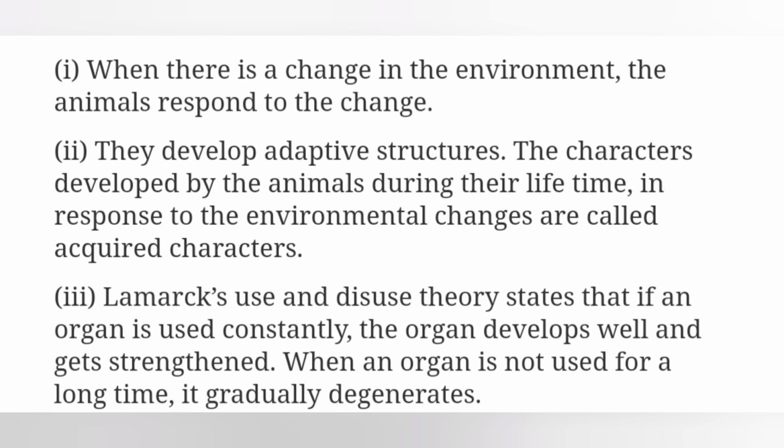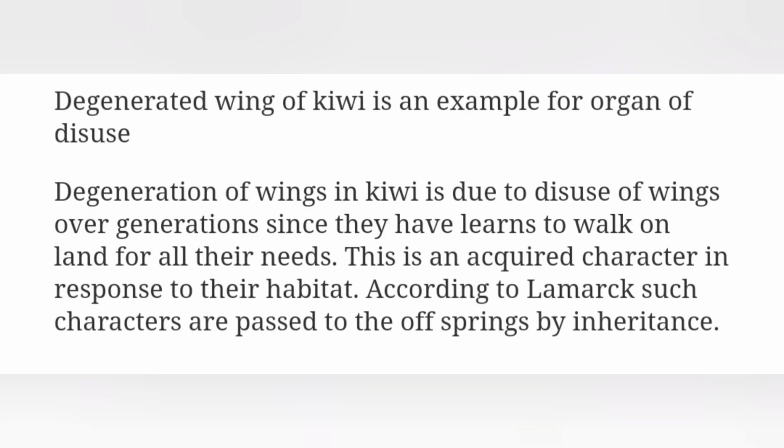Third point, Lamarck use and disuse theory states that if an organ is used constantly, the organ develops well and gets strengthened. When an organ is not used for a long time, it gradually degenerates. Degenerated wing of kiwi is an example for organ of disuse.